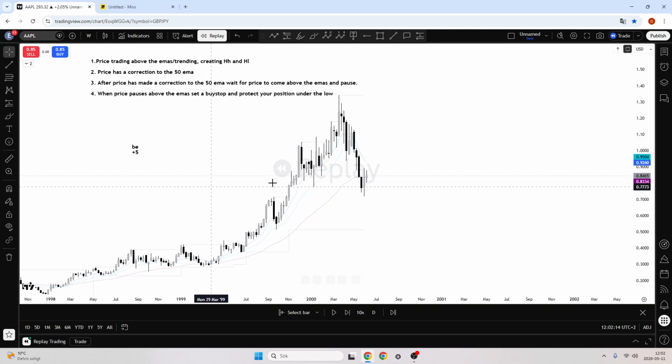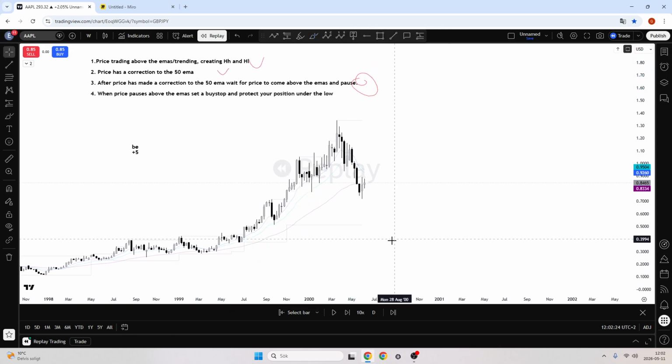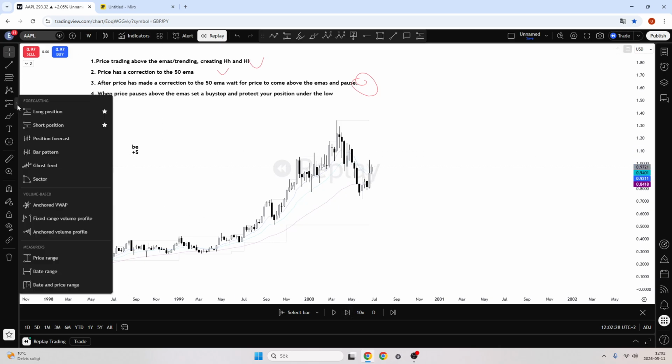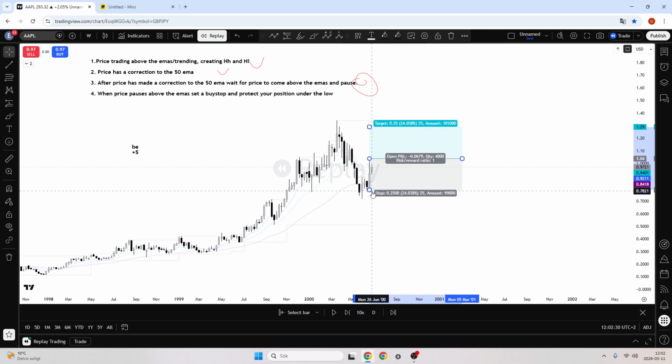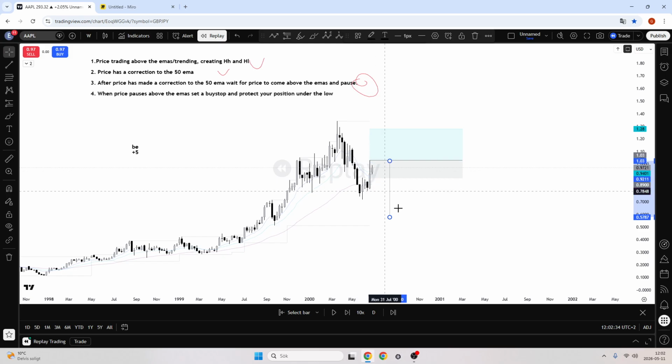Let's wait. So now we are basically at this point right here, because these two are checked. So let's see if price comes above the MAs and pauses, just like that. This is perfect, I think. So you'll simply throw your buy stop at this point right here.